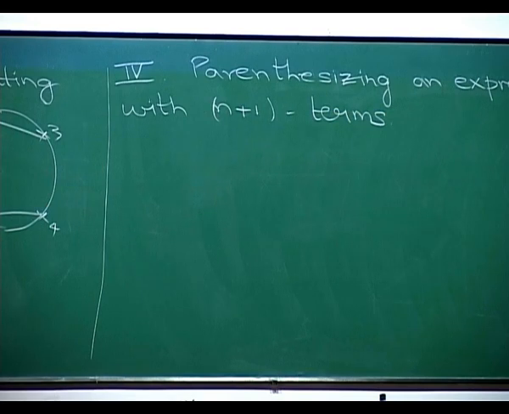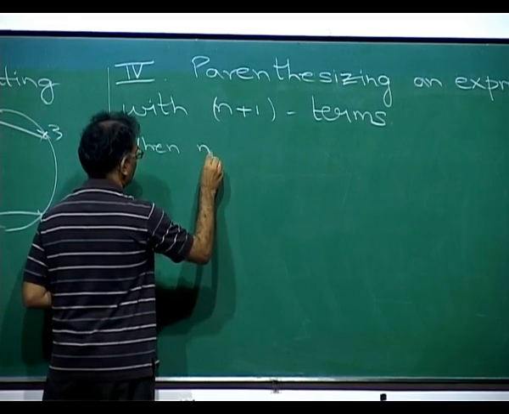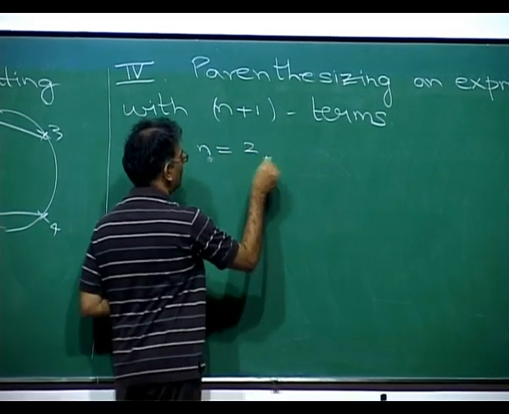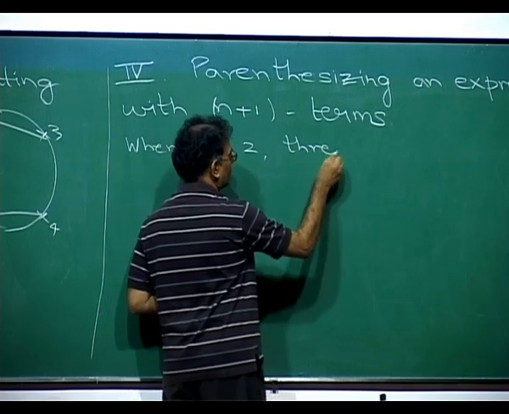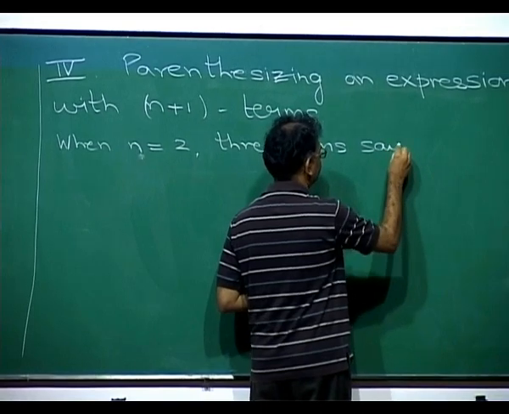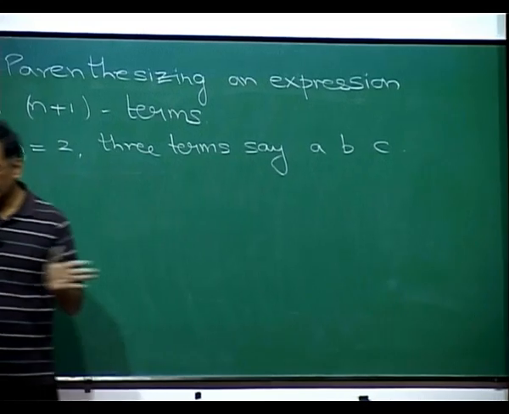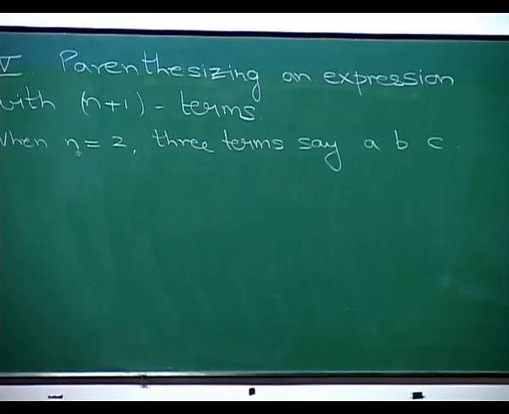Okay, in this, rather than beginning with 3, I'll begin with n equal to 2 first and see what happens. When n equal to 2, you have three terms, say A, B, C, and you would like to multiply these.